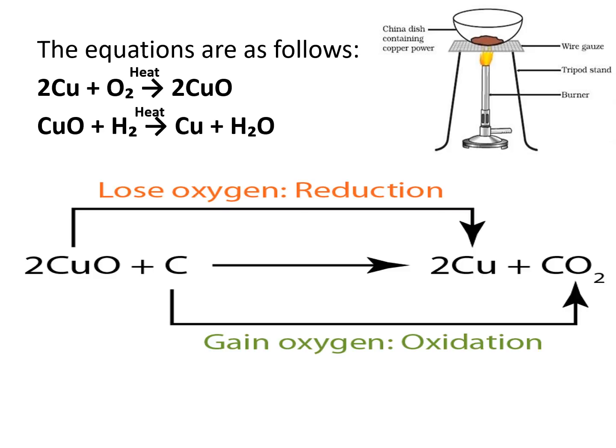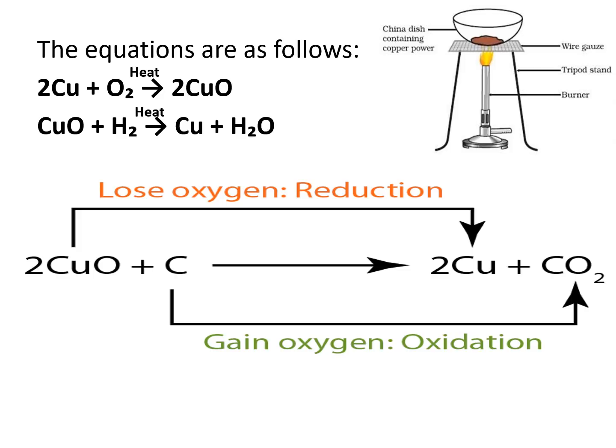So here oxidation and reduction reactions are taking place simultaneously. The equation is given as follows. Copper, when it is heated strongly in the presence of oxygen, forms cupric oxide, CuO.